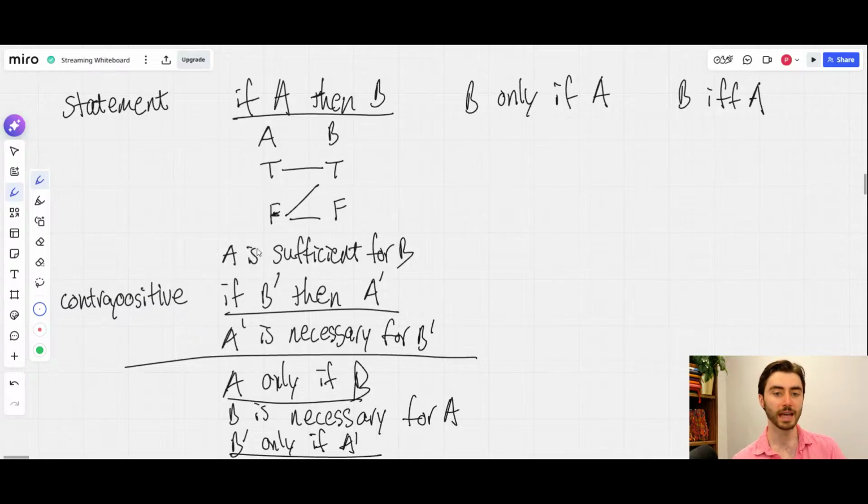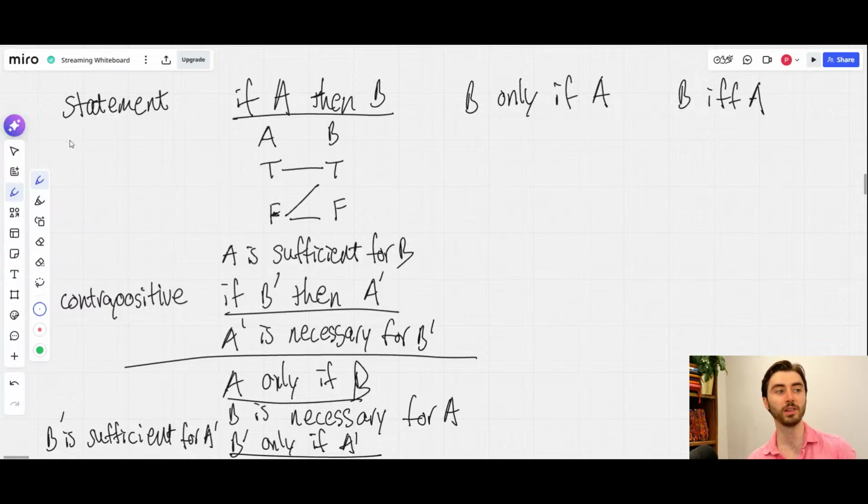So we have A is sufficient for B, not A is necessary for not B, B is necessary for A, and not B is sufficient for not A. So what we can see is that there are eight different logical statements that I have managed to condense into a single Z-shaped graph, which is why I find logical mapping extremely helpful, because it tells you not just the first thing, it tells you the other seven in a simple to understand diagram.